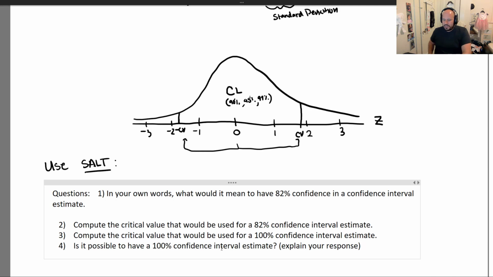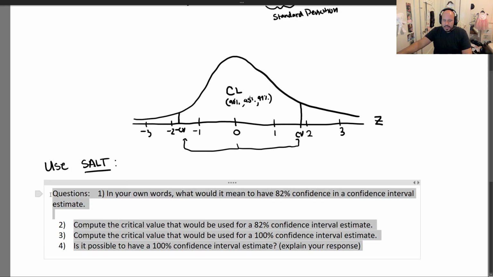So I don't want you to just say yes or no. Tell me why, or what it would look like. What would it mean to have a 100% confidence interval estimate, and would it be useful? So I'd like you to actually write down and try to explain your response to that. So these are our 4 questions here. I'm also going to put them in the assignment itself, but I imagine that only people who watch the video will understand what these are, hopefully.